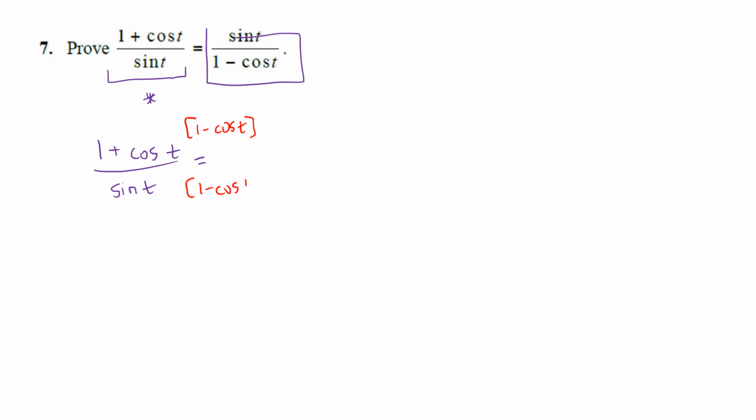In doing so, I will then get 1 minus cosine squared t in the numerator, because that would be the difference of squares. And then I would have sine t times 1 minus cosine t.